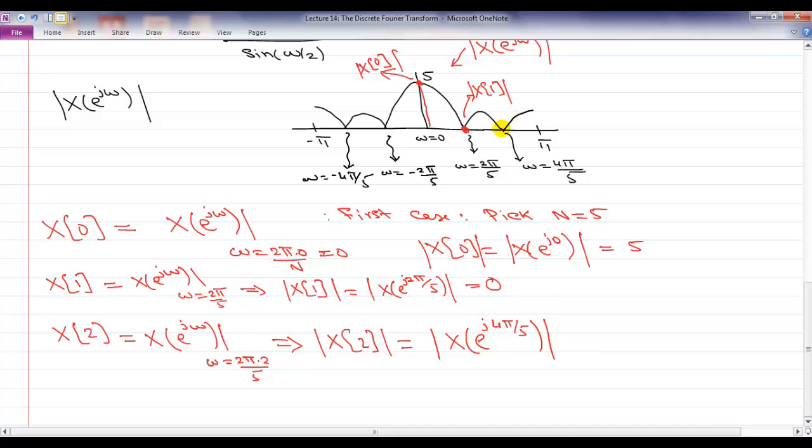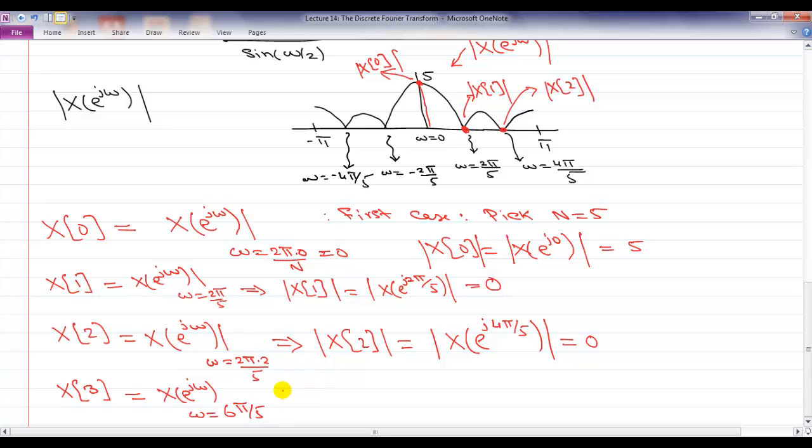So now I'm sampling my DTFT at this location, and this is my X of 2. So I get 0 again. Now things get a little interesting because I have now X of 3, and X of 3 is defined as X of e to the j omega at little omega equal to 6 pi by 5.